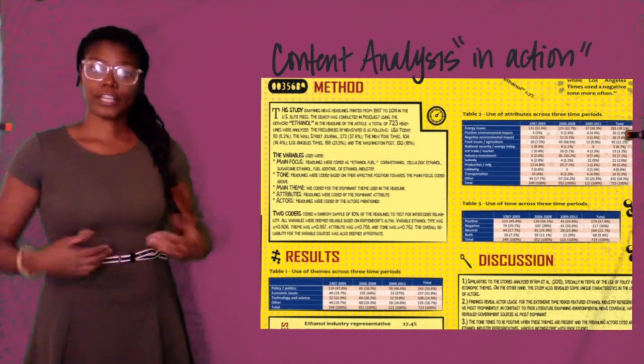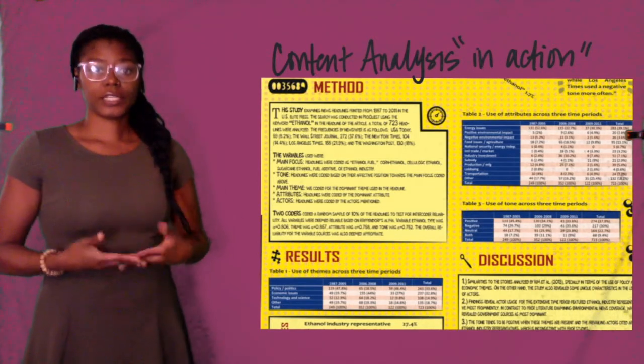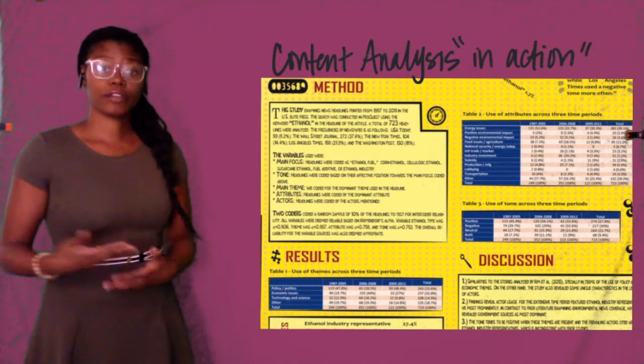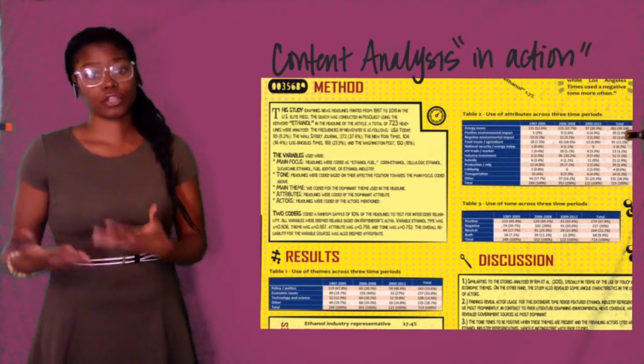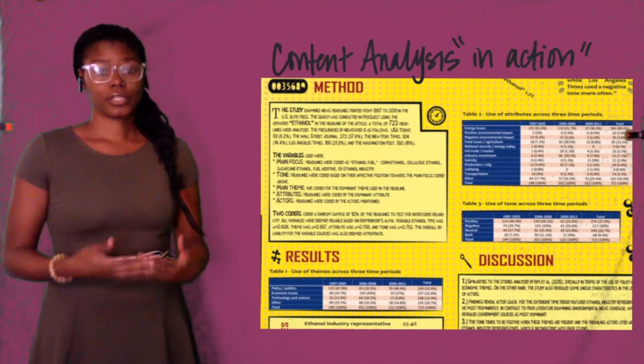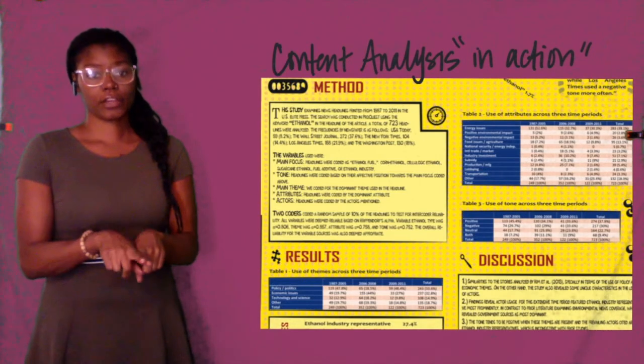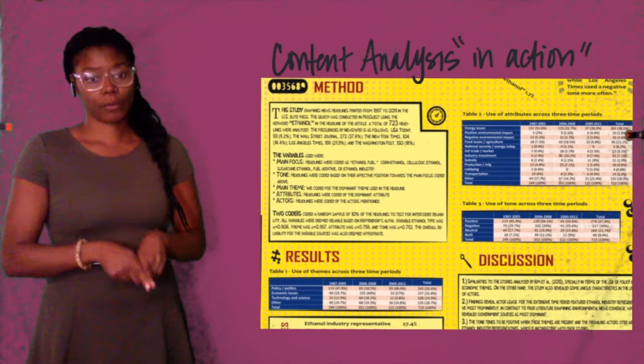Remember that I continue to say when you are dealing with qualitative methods, or even if you're thinking about doing a mixed methodological project, it's very important to make sure that your method and your research question are in line with one another.